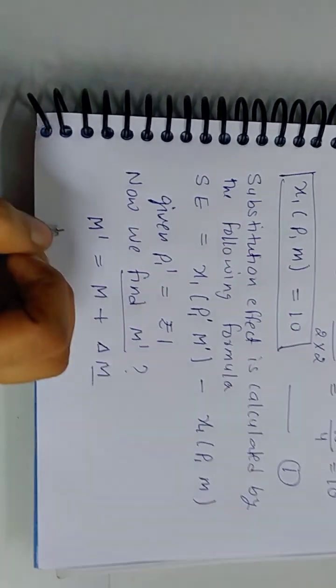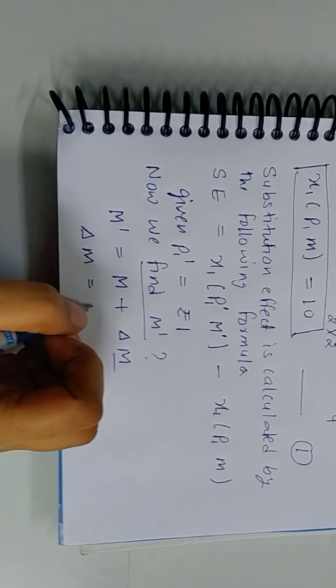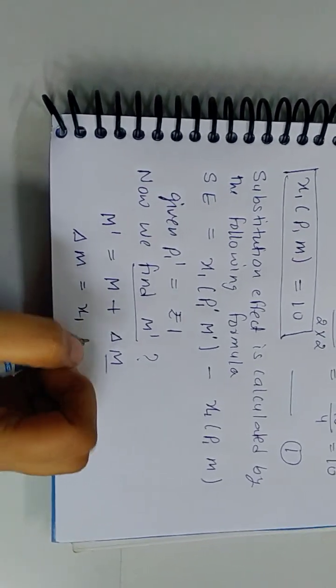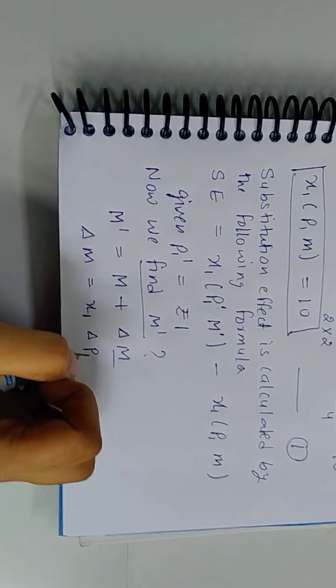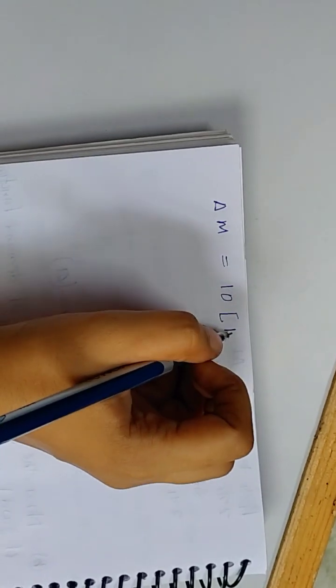The change in income would be calculated as the original demand for good one times the change in price of good one. In part one we know that x1 would be 10 and the change in price would be p1 dash minus p1.